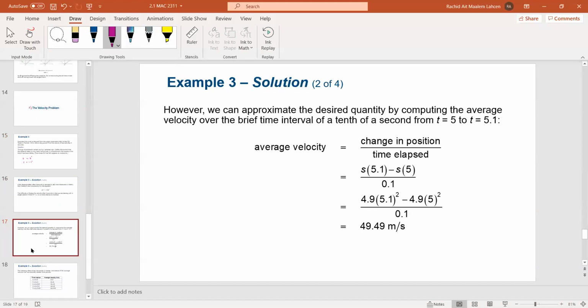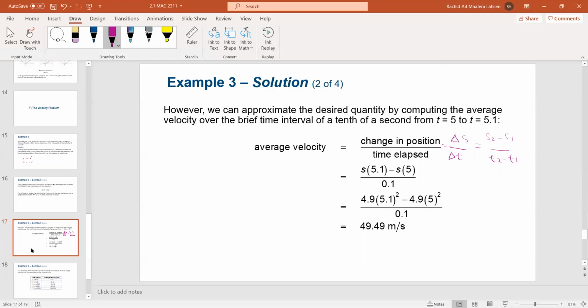We're talking about that slope, which is a rate, an average rate, a change of s over a change of time: s2 minus s1 over t2 minus t1. And we need to create this as a rate in order to calculate it.